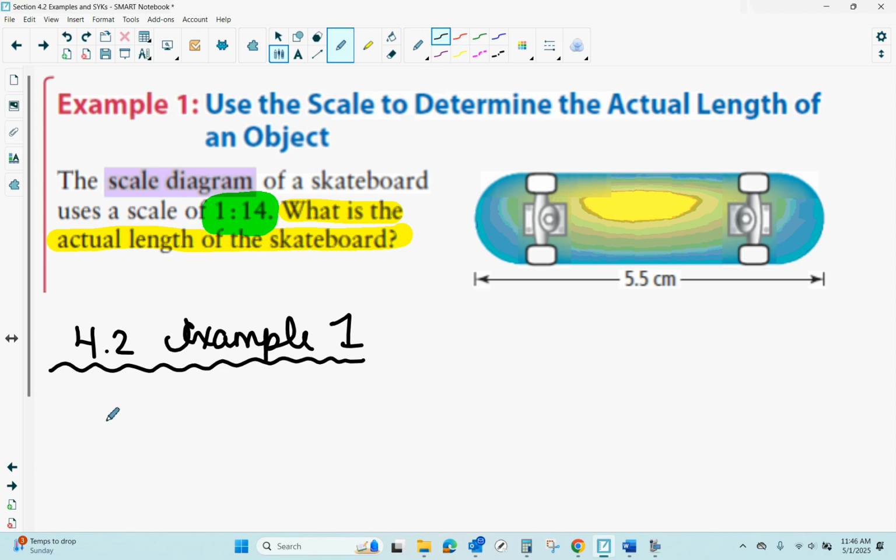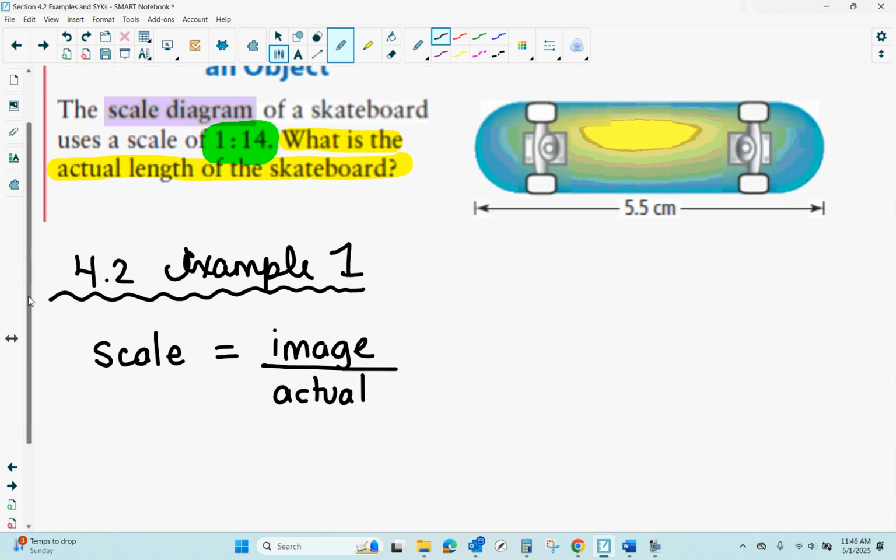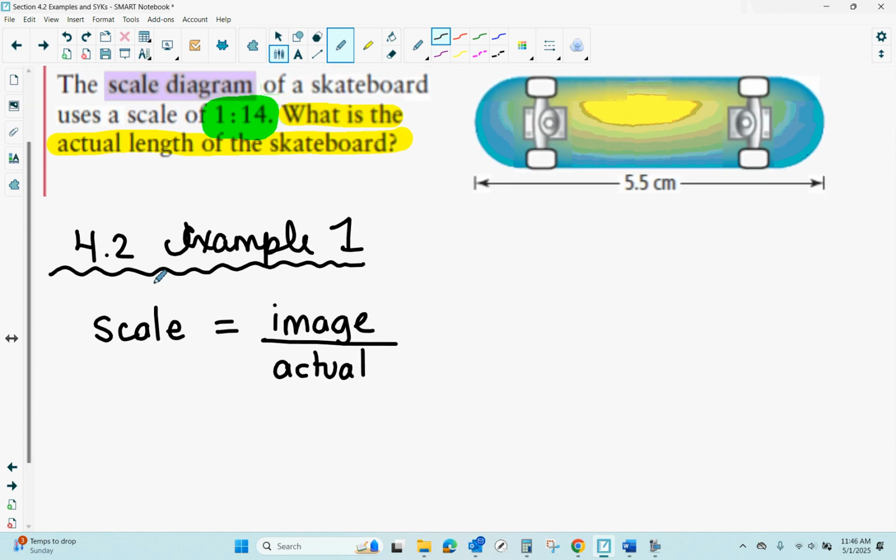So we need to use our formula. Scale equals image divided by actual measurement. Image measurement divided by actual measurement. And they're going to give me the scale. The scale is 1 over 14, so I'm going to put that in place of the scale.